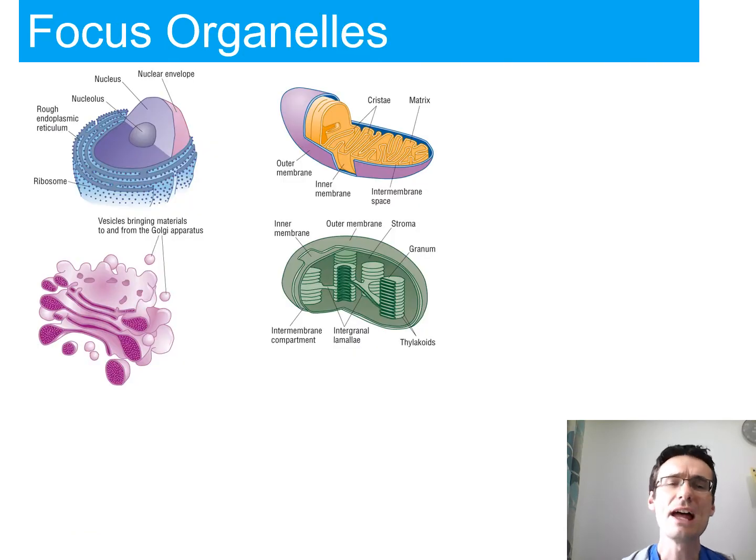Now, the focus organelles which you need to make sure you learn about, which we've already spoken about, are these ones. So you've got the nucleus, which often has rough endoplasmic reticulum lining around the outside, and that's because messenger RNA takes the information from the DNA of the nucleus to the ribosomes to make proteins. So it's handy there on the outside.